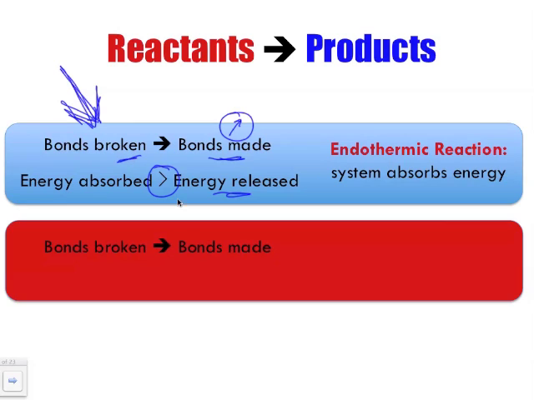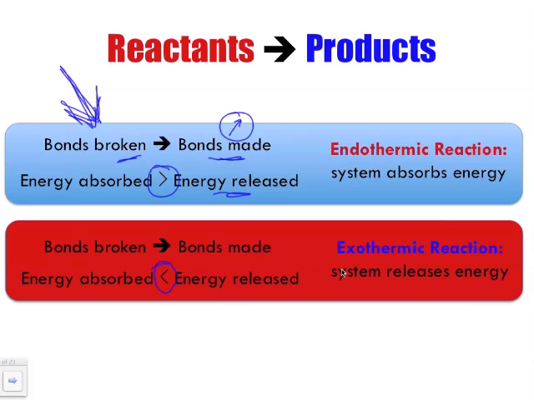Okay. Now, bonds are broken in the reactants, and bonds are made in the products. If the energy absorbed is actually less than the energy that is being released, this is considered an exothermic reaction. It means the system releases energy.